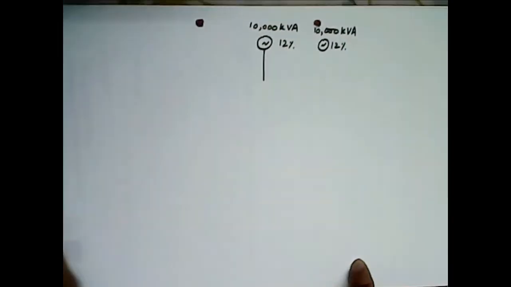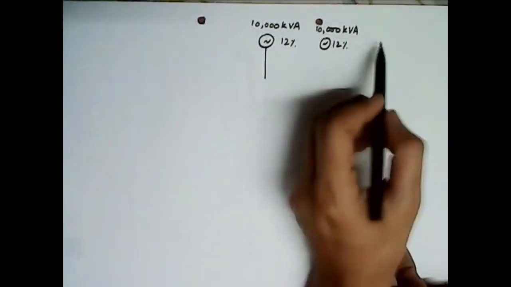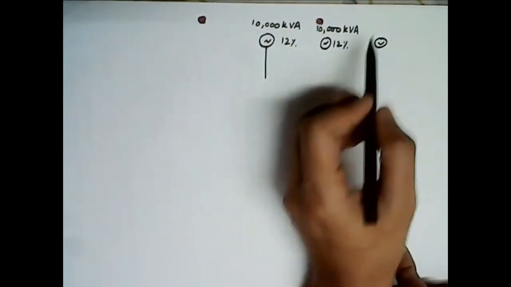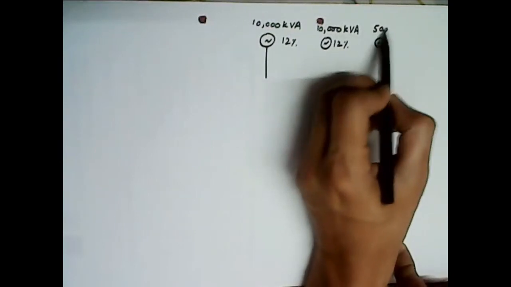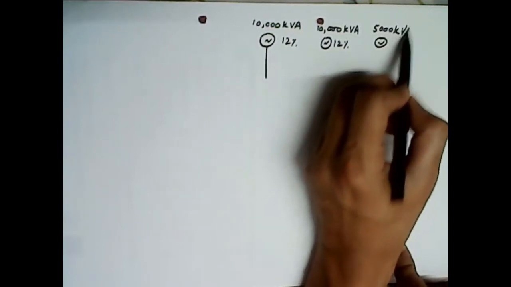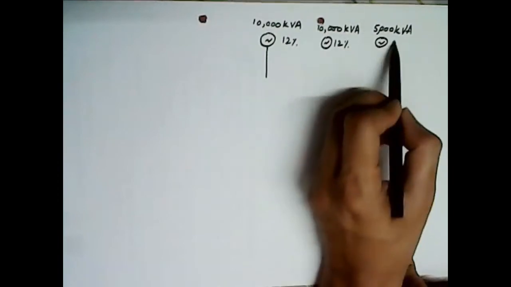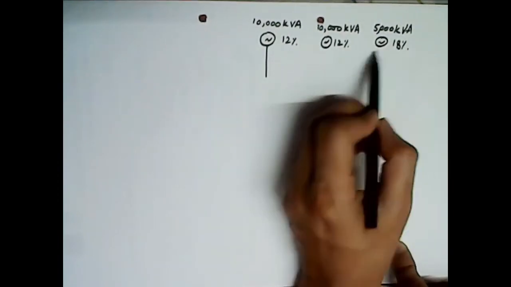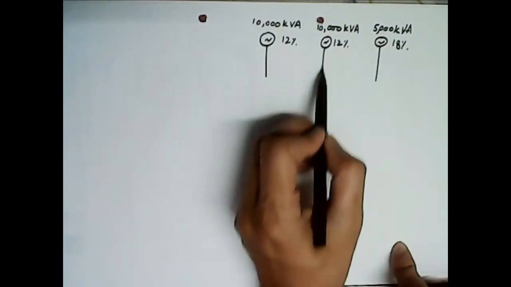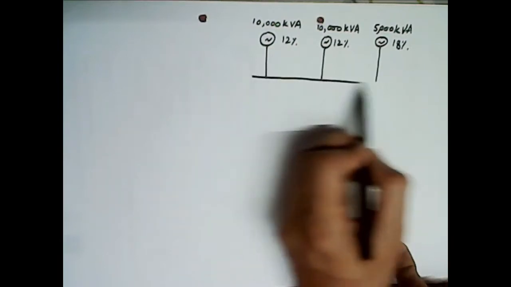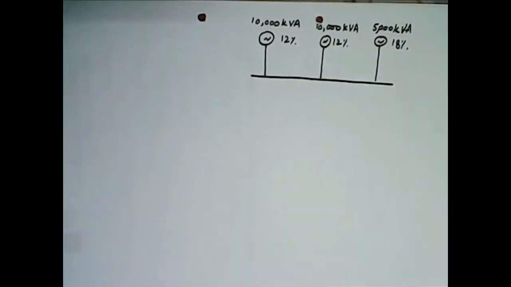And finally we have the third generator for which the rating is 5,000 kVA and the reactance is 18%, and all of these generators are connected to a common bus bar, which we are referring to as the station bus bar.